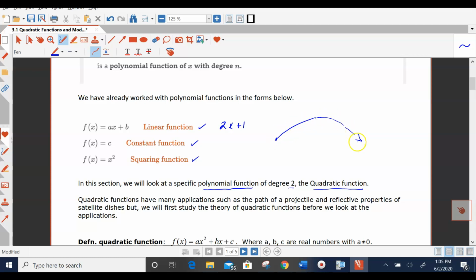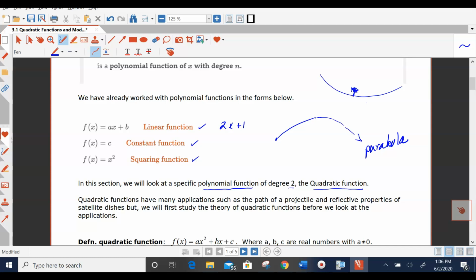So the path of a projectile is a parabola shape, and quadratic functions will always graph as a parabola. So let's say I've got a projectile, its equation is a quadratic function. Or maybe if you look at a satellite dish, it opens, you've got some little receiver here in the middle. That shape is a type of parabola.